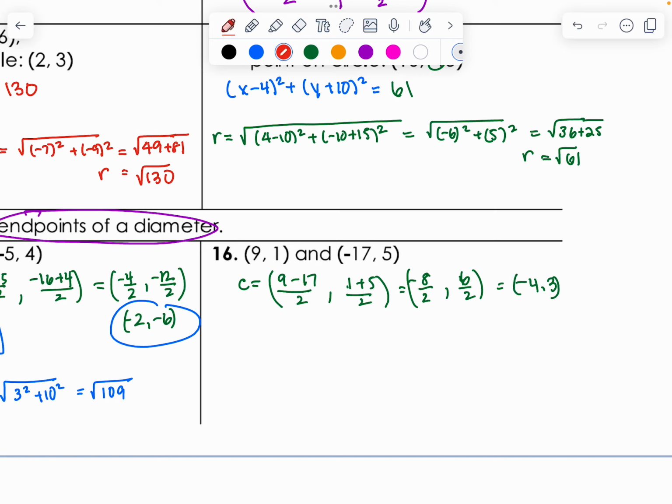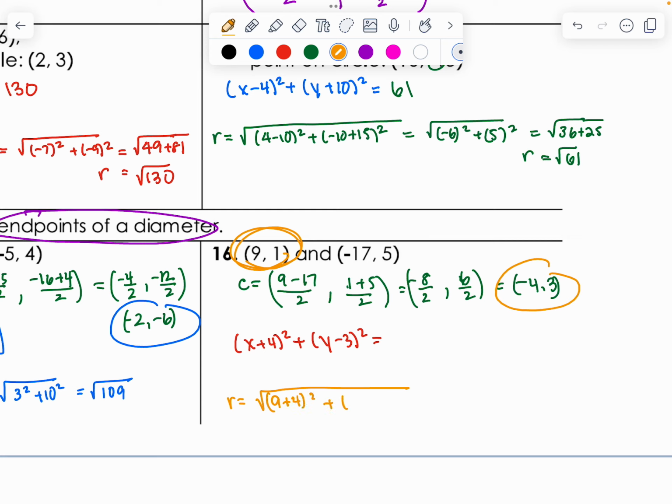So I can already write x plus 4 squared plus y minus 3 squared equals, and now I'm going to use one of my ordered pairs and my center to find the length of my radius. 9 plus a 4, because it's minus a negative, 1 minus a 3 squared, is going to be 13 squared plus negative 2 squared, which is 169 plus 4, or 173, which when you square it is 173.